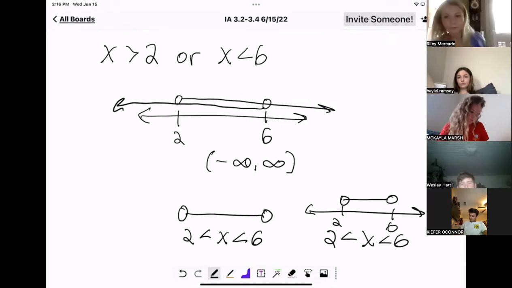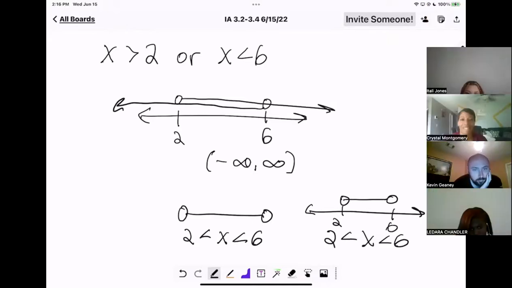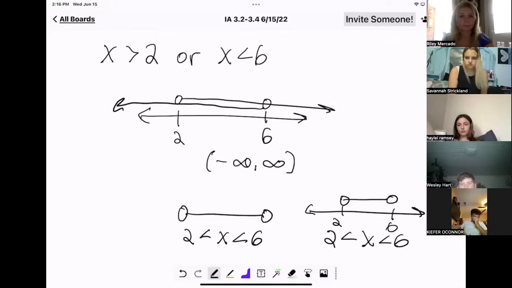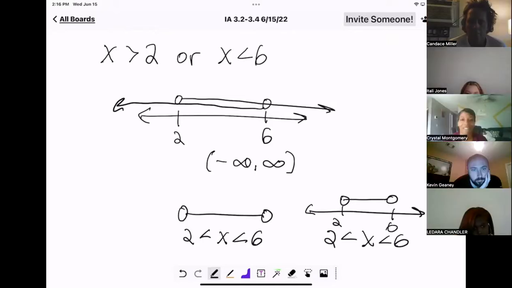I have a question. Yeah, so when you're writing a solution set in a compound inequality, how do you know when to include the union? Good question. Okay, so let's say I look at 2 different cases.